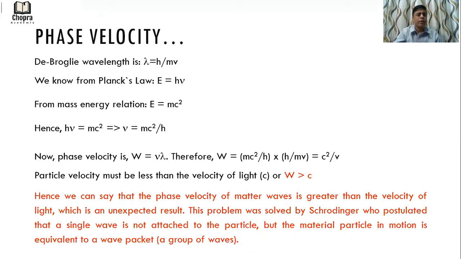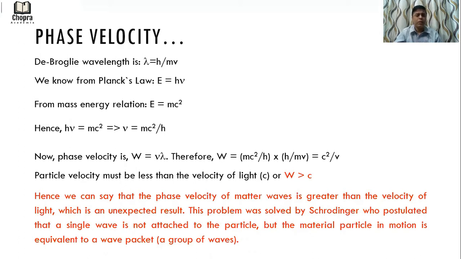Therefore h nu is equal to mc square, or nu is equal to mc square by h. Now the phase velocity is nu lambda. Therefore, we substitute for nu and for lambda from the de Broglie hypothesis. So we have mc square by h into h by mv, which makes it c square by v.